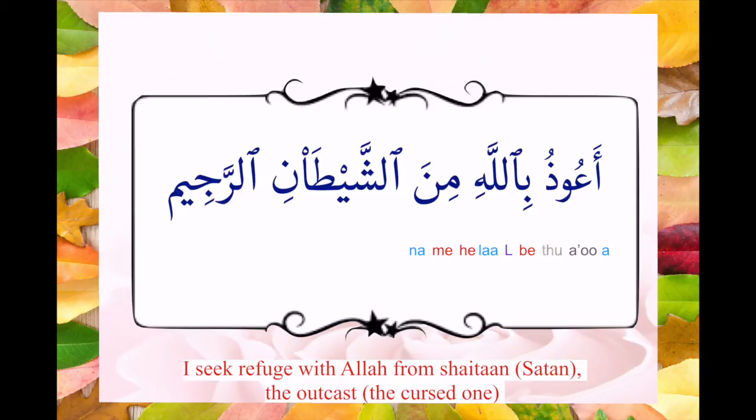And again, the noon would be merging with the sheen. So we don't say nash very quickly. We have to make sure we say the na first before we move on to the first of the sheens, which is a sukoon. So nash. And then the second sheen with the fatha is sha. So we now have a'udhu billahi minash sha, and then we move on to the ya with the sukoon on it to merge those together.